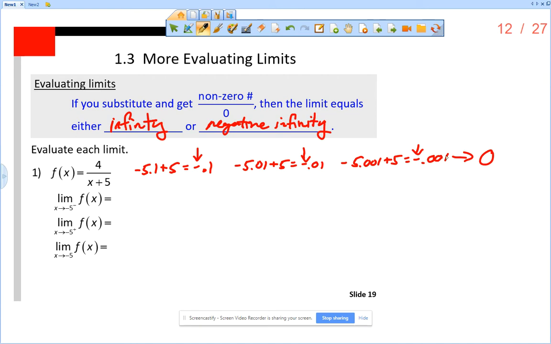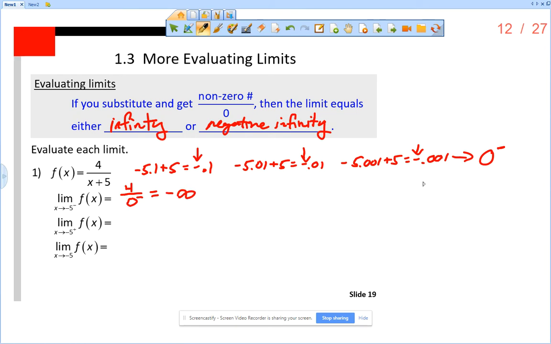So the way that we're going to write this is we're approaching 0 from the left, or from the negatives. And so I have 4, which was my numerator, divided by 0 from the negatives. Now, think about it: 4 over a really small negative number. Well, we're going to be approaching negative infinity.